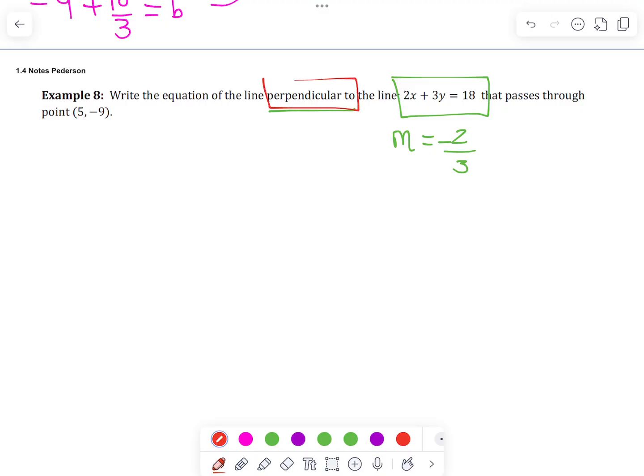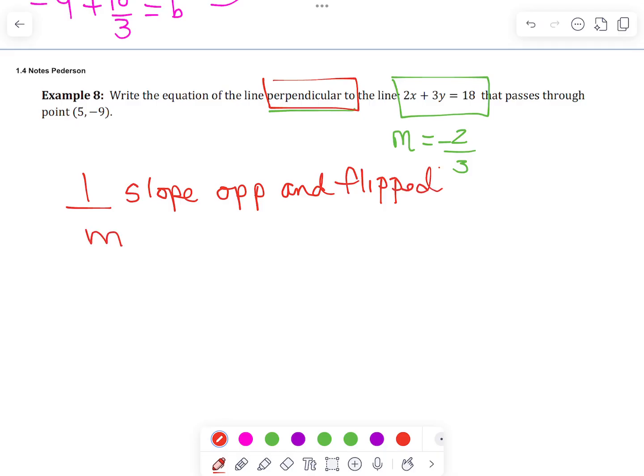For a line to be perpendicular, its slope will be the opposite and flipped. So its slope will be positive instead of negative, and then 3/2.